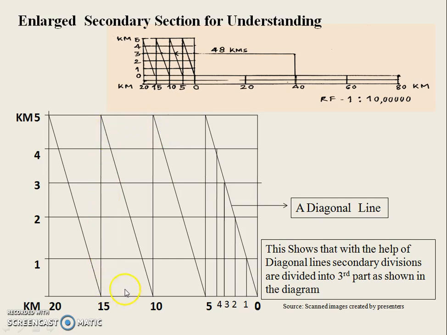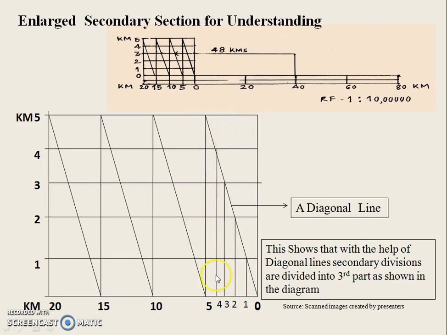Now join bottom right end point and top left end point in each rectangle. These are diagonal lines. You will see in each rectangle, horizontal lines have intersecting points. These intersecting points describe 1/5, 2/5, 3/5, 4/5, and one part of the line.